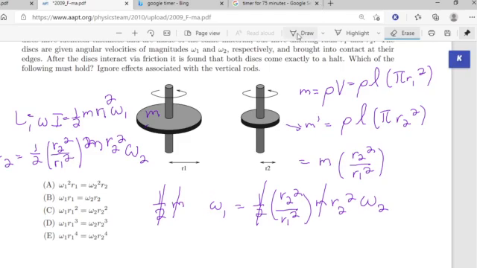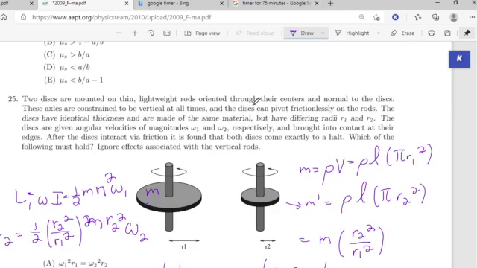So we eliminate the 1/2 m from both sides. Now we have omega 1 r1 squared is equal to, actually let's change this to r1 fourth because the denominator for the other side is r1 squared, but we can preemptively move that over. r2 fourth times omega 2. And so our answer is E. And that was actually not that bad. Okay.